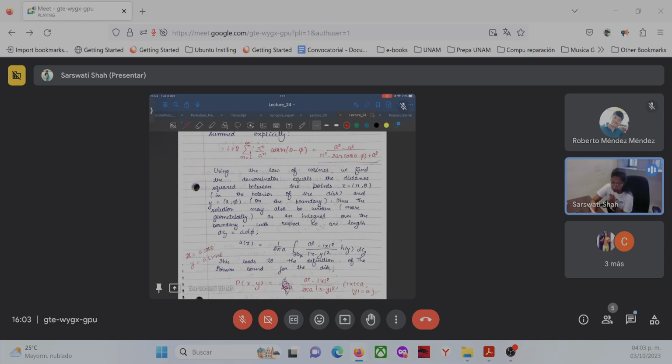So the distance between 2 points x and y is basically modulus of x minus y. In the polar coordinates, the distance between 2 points is given by this, where x equals (r, theta) and y equals (a, phi). So the distance in the Cartesian coordinates will be modulus of x minus y.